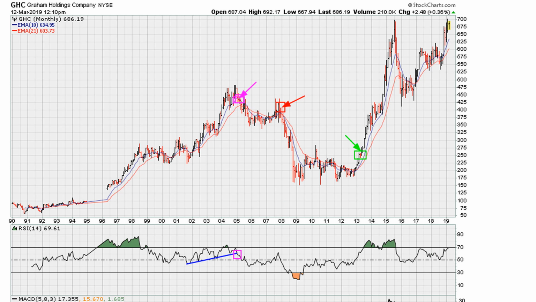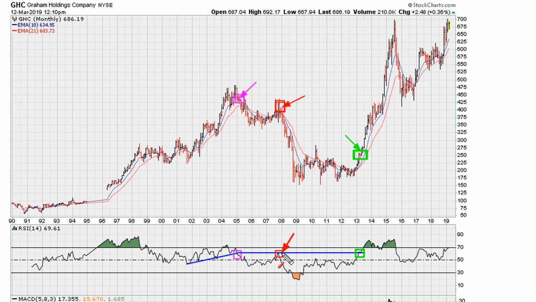We take that line, draw our uniformity resistance line. Should be like that. We can see how it rejected prices during the highs there. And then notice how it broke out for this entry here.